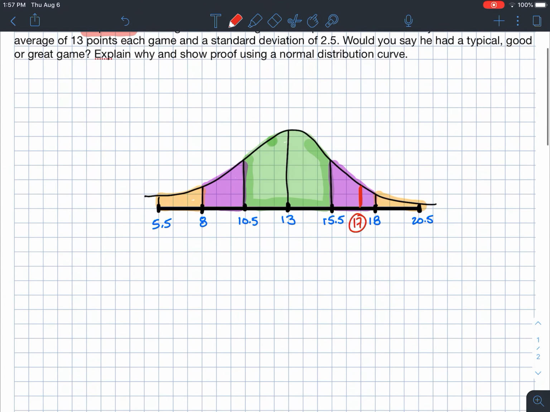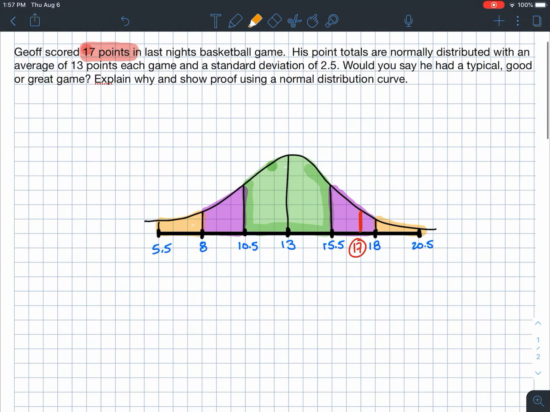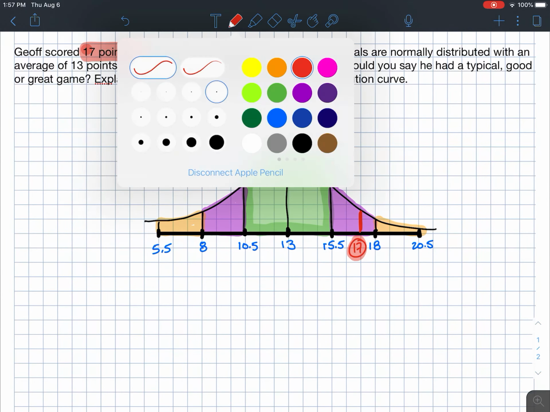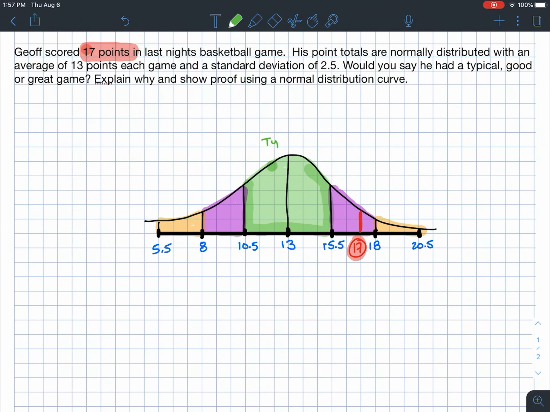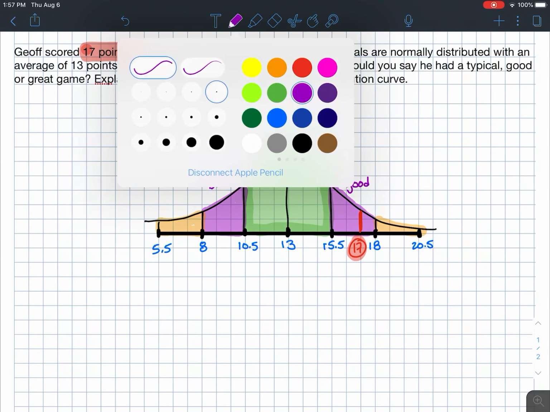So we're concentrating, though, on this 17. So we have to ask ourselves, is 17 typical? Is it good or is it great? Well, if we look, we said this is kind of our typical region. Most of the time he's going to score in there. Over here is a good game, or we could say a bad game if it's on that side.